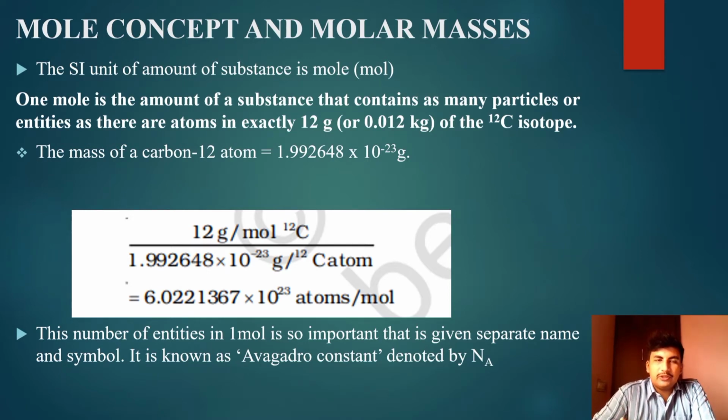Mole concept. You studied that SI unit table, right? What is the SI unit of amount of substance? That is mole. Now, what do you mean by mole? Suppose there is 1 dozen apples, then how many apples are there?